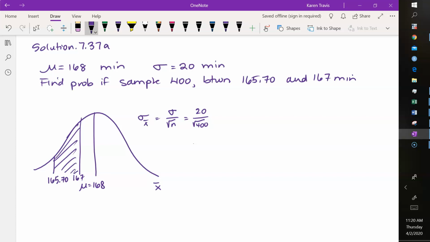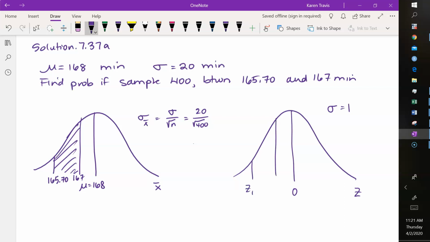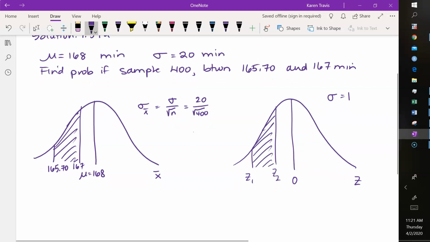So notice it's really important that we are clear on which side of the mean these fall so that we're finding the correct area. So when I'm going to solve this, I need to convert each place to a z-score. So I'm going to have z1 that goes with the bottom value and z2 that goes with the top value, and this is also the area between.